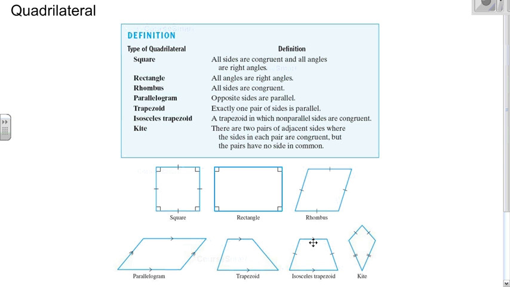An isosceles trapezoid has the parallel bases, but the sides are congruent to each other, just like in an isosceles triangle. And a kite has 2 sets of congruent sides, but the sides are next to each other. So the adjacent sides are congruent.